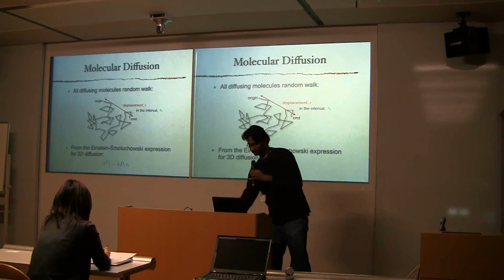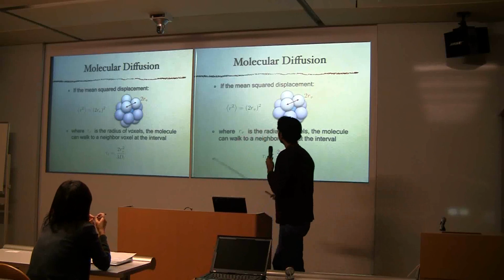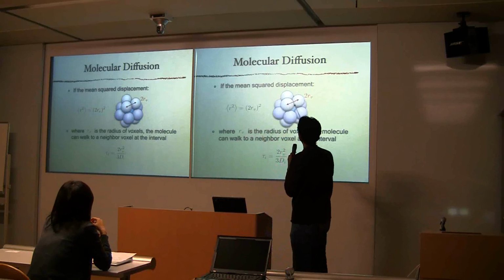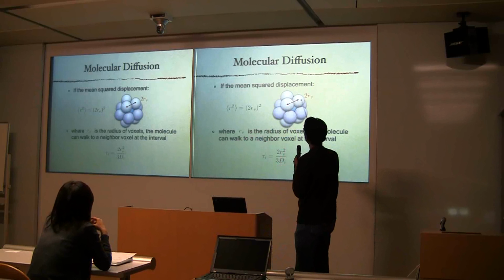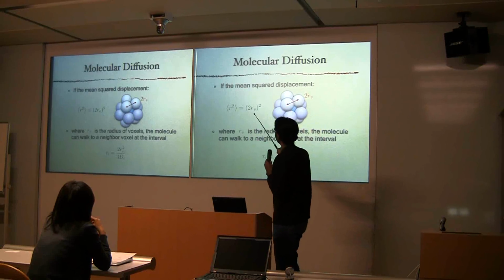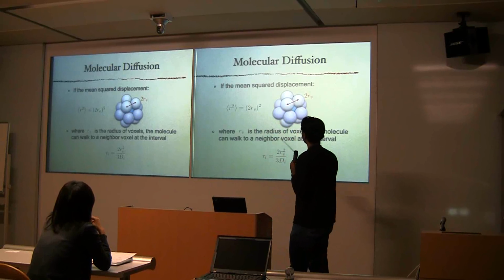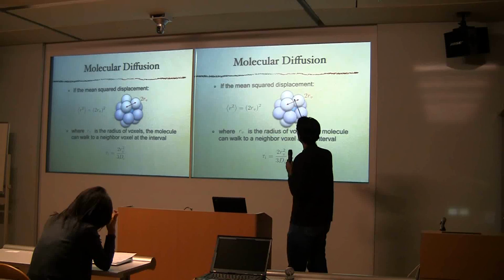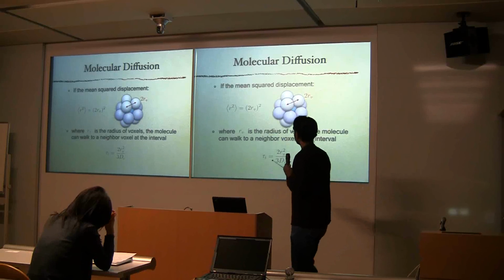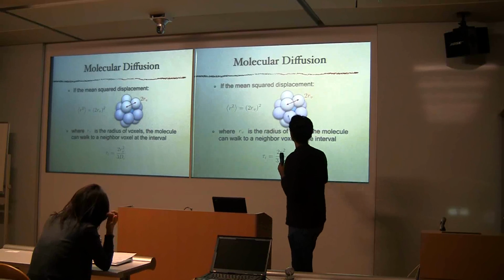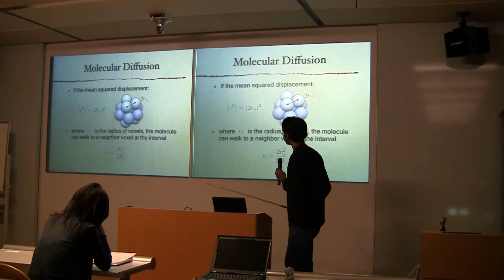Using this equation, where the mean squared displacement is given by 2 times the radius, which is the diameter of the voxel, we can obtain the relationship between tau and the movement of a molecule from one voxel to another. So this tau is the time step for a molecule to move from one voxel to another.